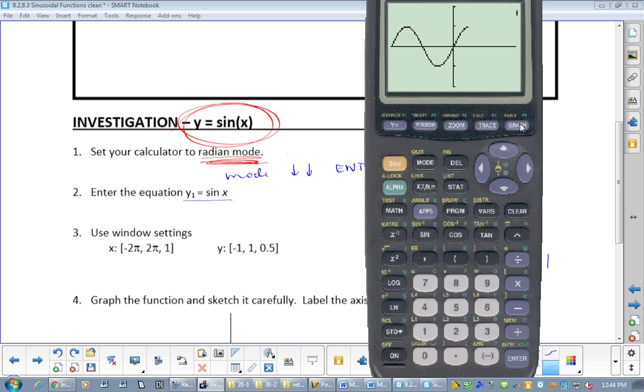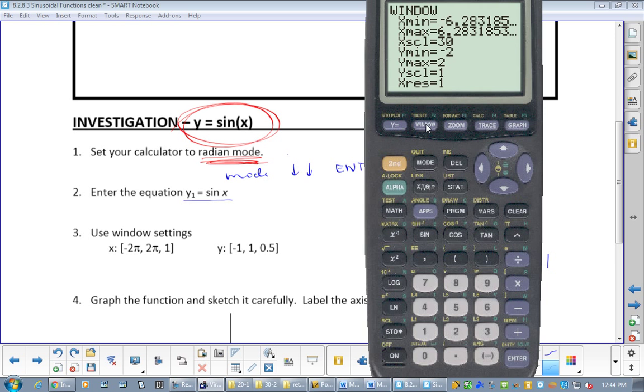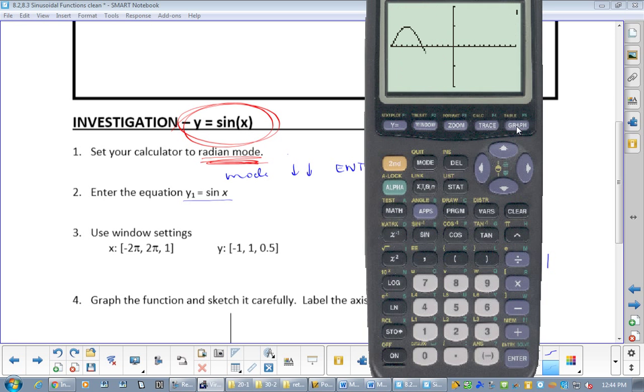And what happened with all my ticks? My scale is 30, but 30 was degrees, right? And pi over 6 is the same thing as 30. Do you need to know that? No. Every one of those little ticks is 30 degrees. So you got 30, 60, 90, 120, 150, 180.